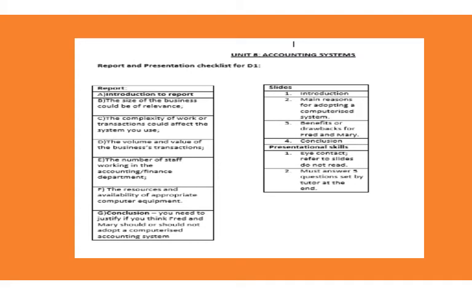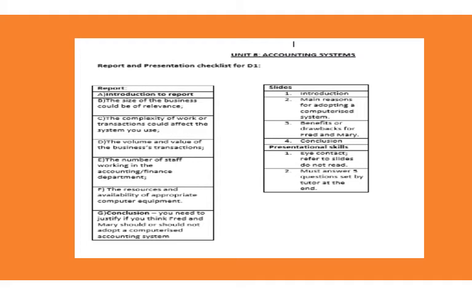For the number of staff working in the department then, in the finance and accounting department, bearing in mind if you've got paper manual accounts, can more than one member of staff access them at the same time? Would people be able to work on things at the same time? If you've got a bigger accounting department and more people working in the finance department, you might want to use a computerized approach.